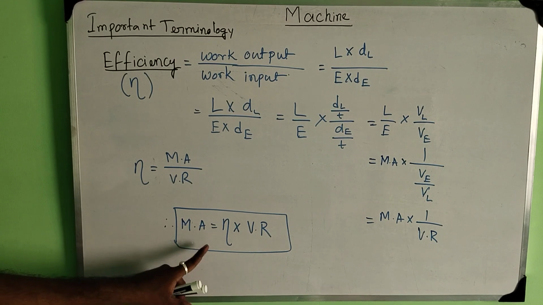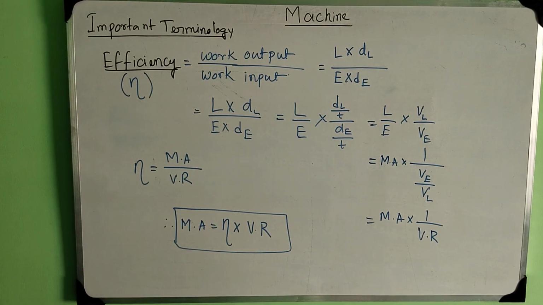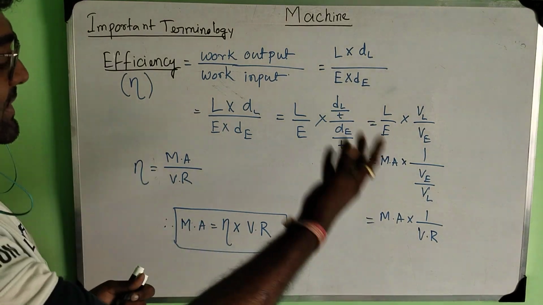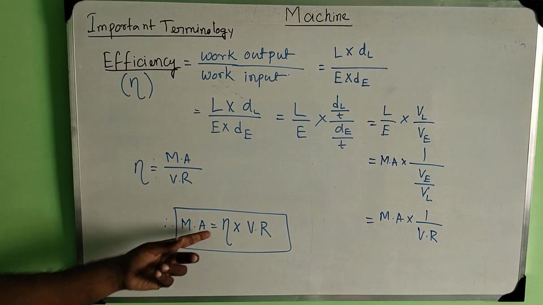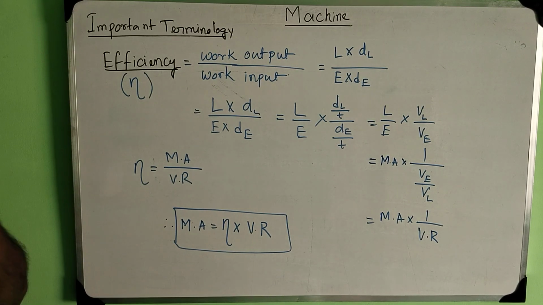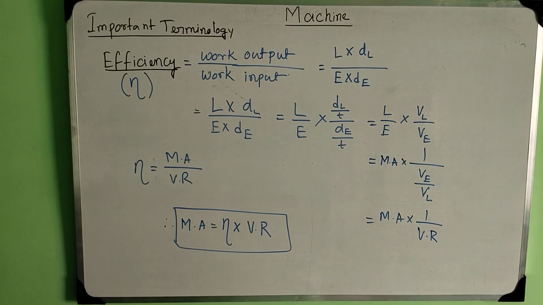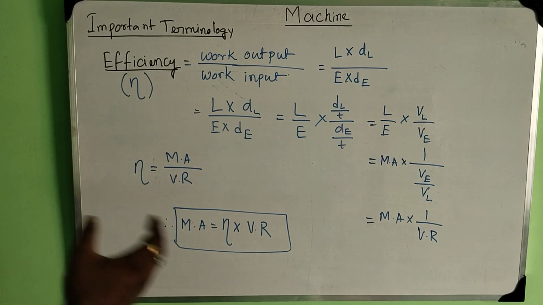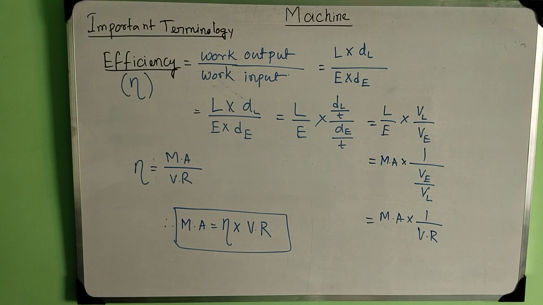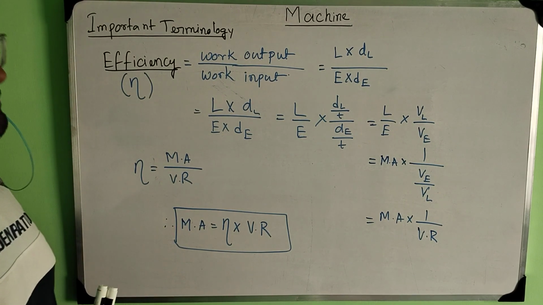This is very important, and this type of question will come in the exam: establish the relationship between mechanical advantage, efficiency and velocity ratio. Numerical based questions also come. For example, suppose for a machine the mechanical advantage is 0.5 and the velocity ratio is 0.75.